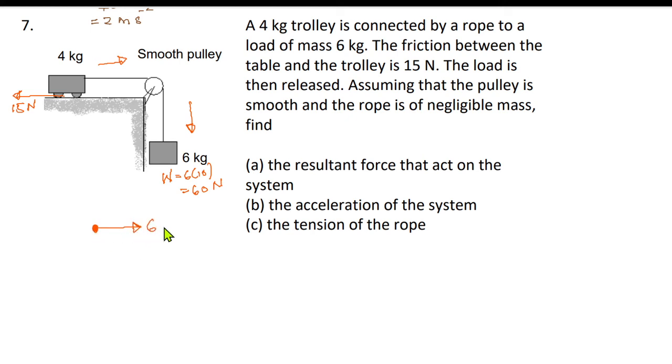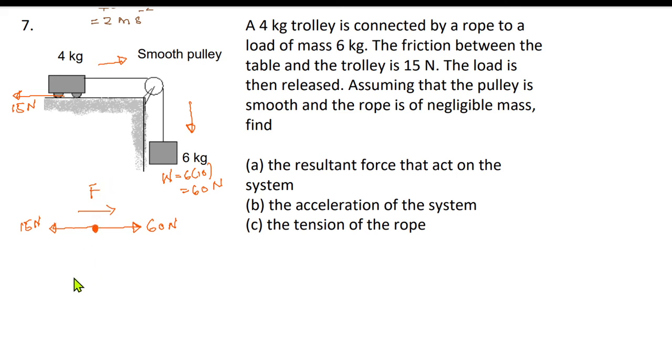That is 60 Newton. And then I have a force which is holding it from moving. That is my 15 Newton. I know that the system is moving in the 6 kilogram direction, to the right. So here is my resultant force.